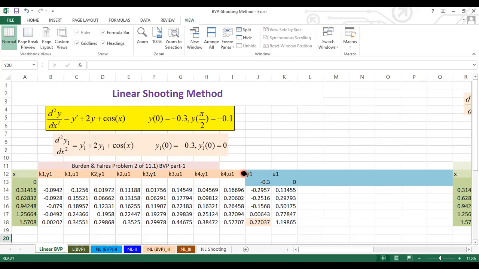Of course, for a second order initial value problem, it must contain 8 k's to be evaluated. The first k should be k1 y1, which is the first k for the y equation, and we have to consider the second variable as u1. So the second k will be evaluated as k1 u1. Then we will calculate k2 u2.